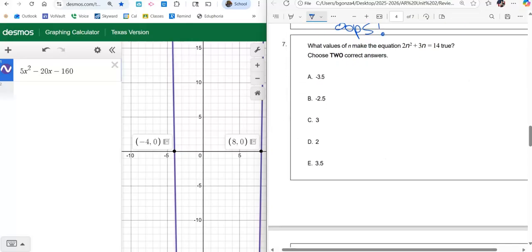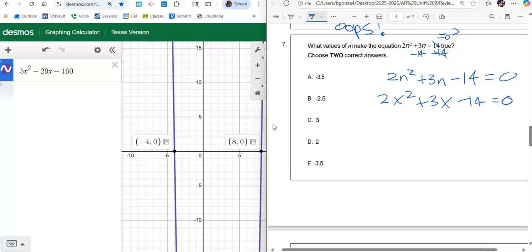All right, number 7. What values of n makes this equation true? Once again, is this equal to 0? No, it's not. Minus 14, minus 14, 2n squared plus 3n minus 14 equals 0, because these don't combine. You do want to change that to x, okay? Gotta use x.